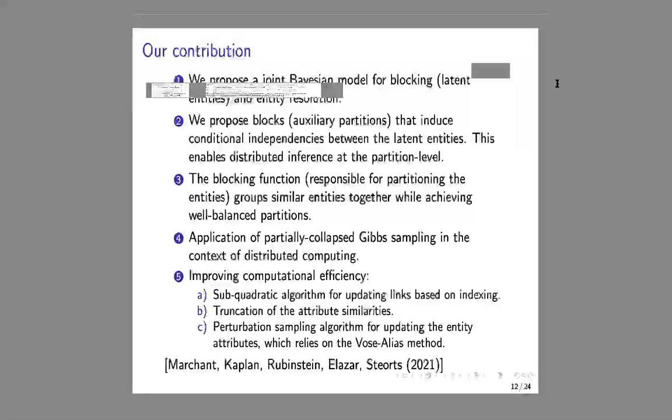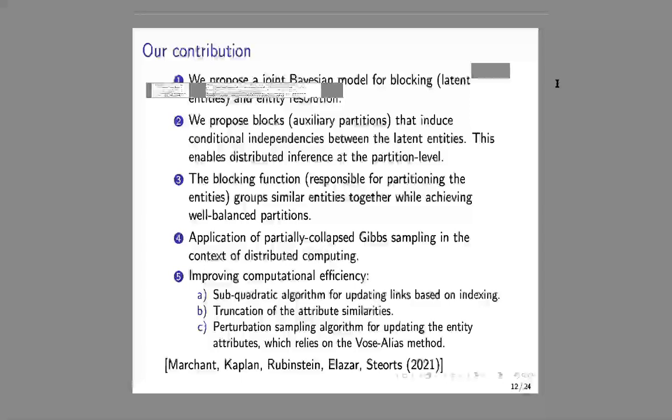They induce conditional independencies between the latent entities, and this will then enable distributed inference at the partition or the block level. Then we propose a blocking function that's responsible for partitioning the entities. It groups similar entities together while achieving well-balanced partitions. The blocking function is quite general. In practice, we use, for example, a KD tree.